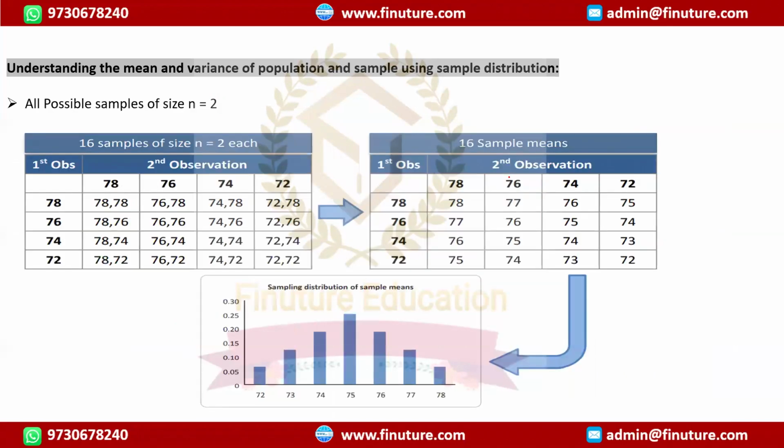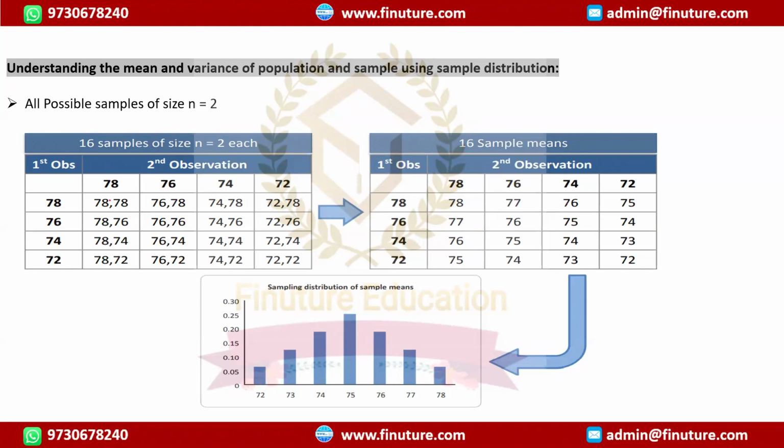Now, just think from the same population, if we are drawing a sample of two out of four, I'm choosing two samples each time. See overall how many possibilities there are. You can think of this as a matrix. When I choose two sample elements from the population, it could be 78, 78, or 76 and 78.